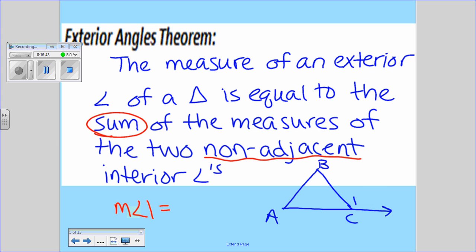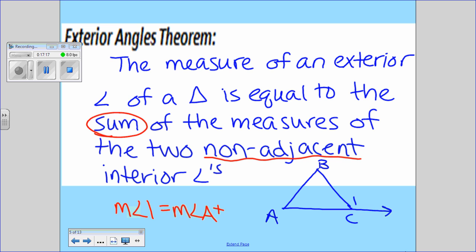So which angles inside the triangle are not next to angle 1? Angle A is not next to angle 1, so we're going to write that one down. What other one's not next to angle 1? We're talking about interior angles, so you only have 3. Interior angle, interior angle, interior angle. Which one is not next to angle 1?